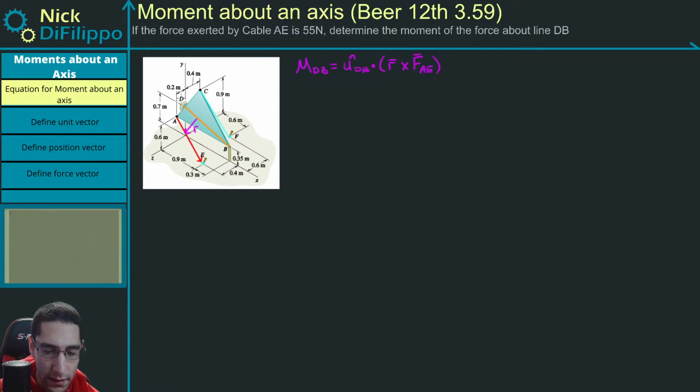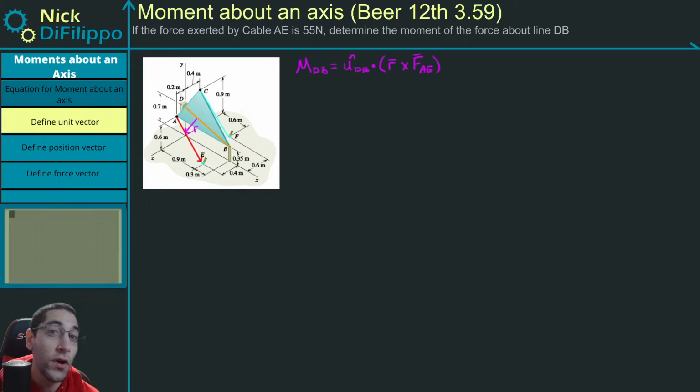So first thing, let's define what our unit vector is, and this unit vector is going to define how this axis DB points in space. To do this, we need to define a few parts. We need to know the position of D. So D is 0 in the X, up 0.7 in the Y, 0 in the Z. So 0, 0.7, 0.